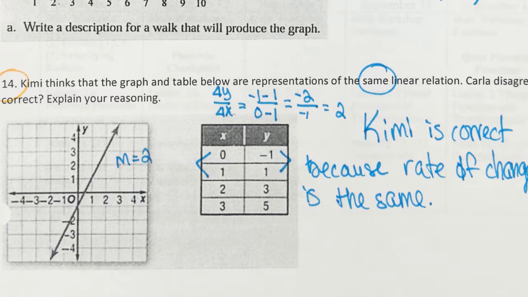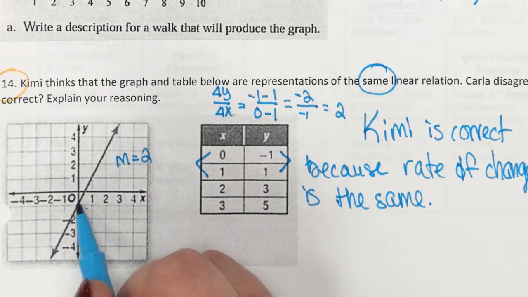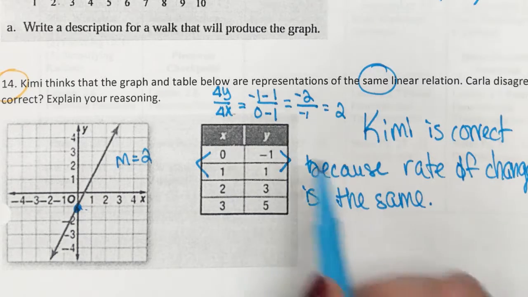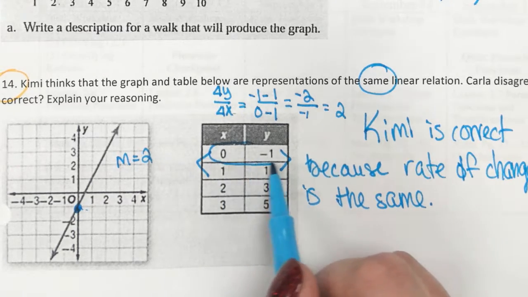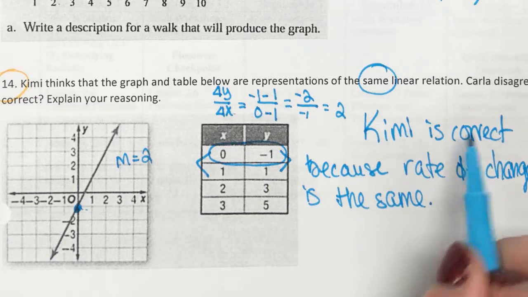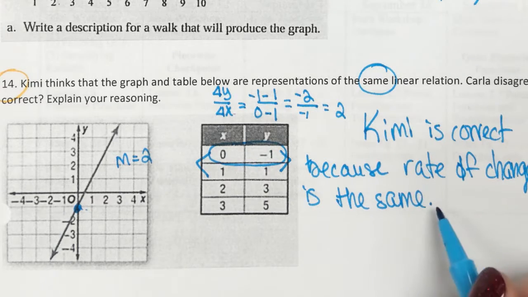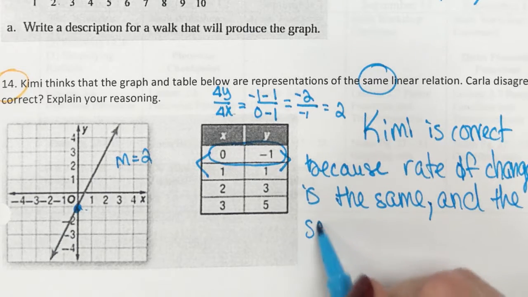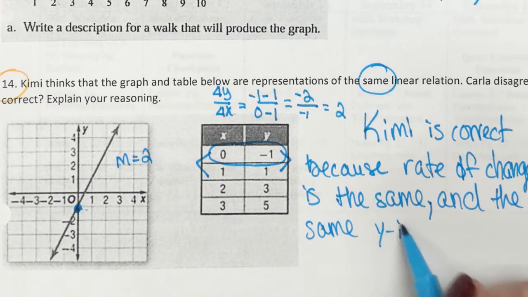Besides slope, what's so important? Y-intercept. What's the y-intercept here? -1. And anytime I hear the word intercept, I automatically think of what number? 0. So what's my y-intercept here? -1. So Kimmy is correct because they have the same rate of change and the same y-intercept.